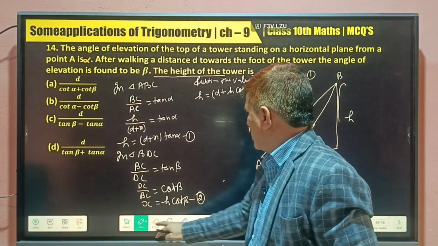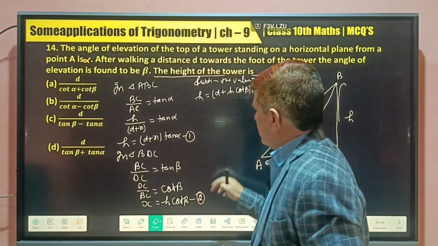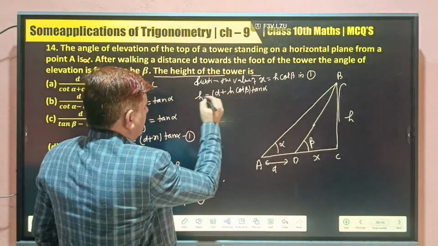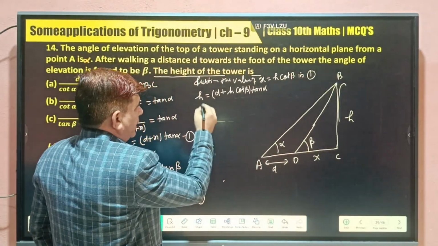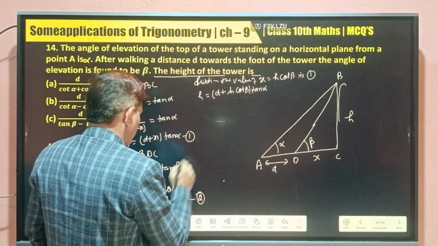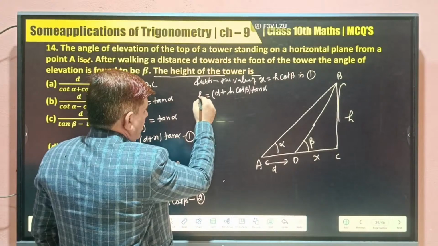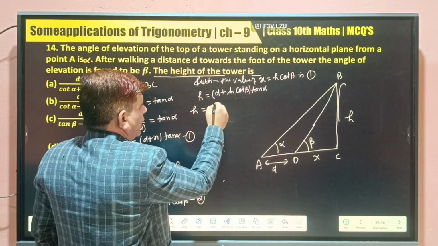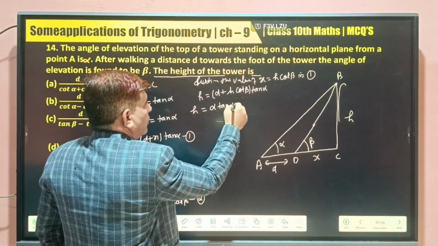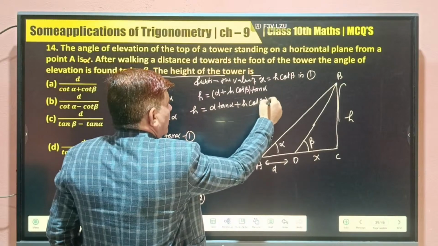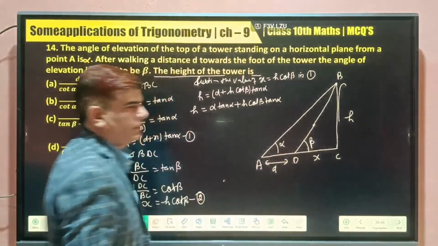So H equals D tangent alpha plus H cot beta tangent alpha.